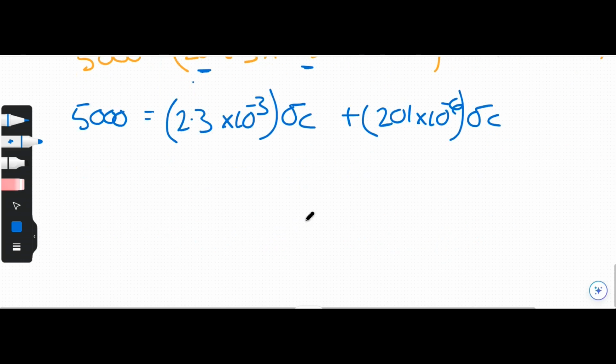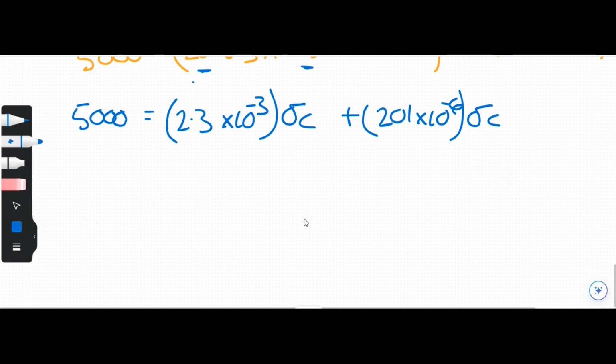Okay, so that's like 2x. If I had 2x plus 3x, I would have 5x, wouldn't I? So all I'm going to do now is add the 2.3 and the 201 together. So now it's a bit of algebra.